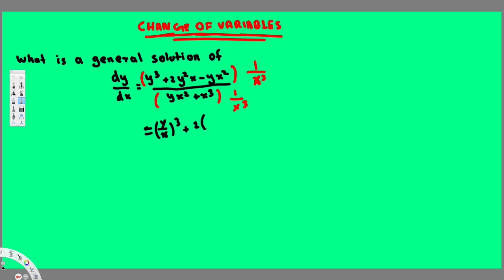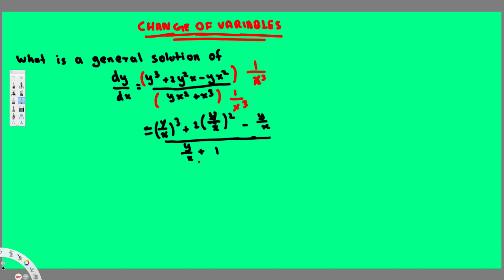That's going to give us 2 times y square over x square. We can write this as 2 times y over x whole square. And then the third term is going to be y over x, and the fourth term, the bottom part, is going to be y over x plus x cube over x cube. That's going to be 1.